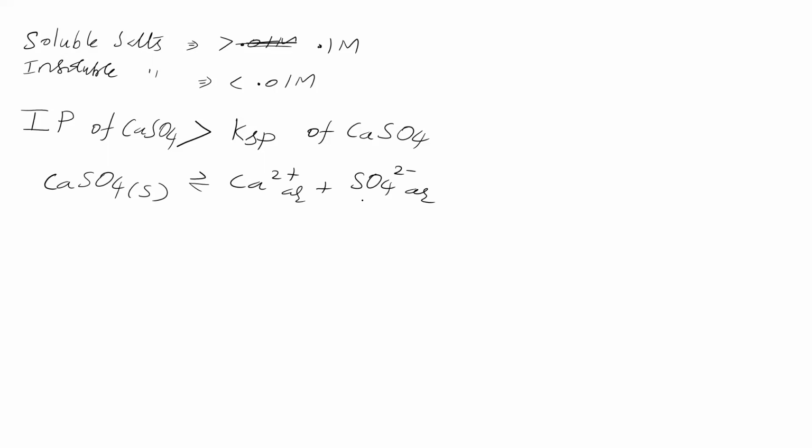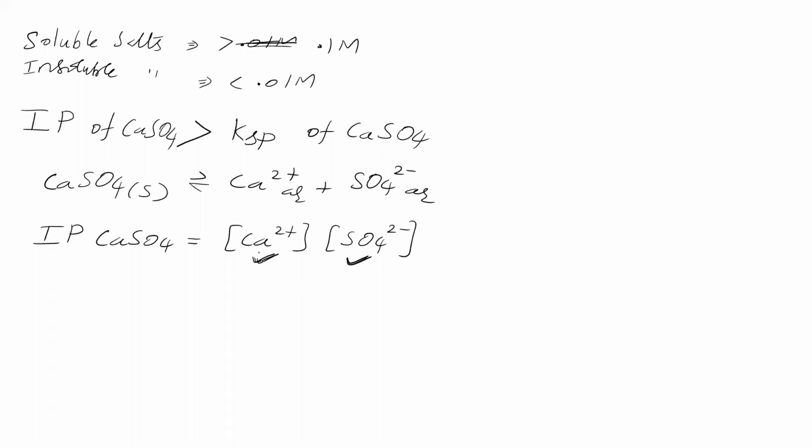Now the ionic product of calcium sulfate is equal to the concentration of calcium ion times the concentration of sulfate ion. For the solubility product it is the same expression. If these are the concentration of calcium ion and sulfate ion in the saturated solution, then this product is called the solubility product.